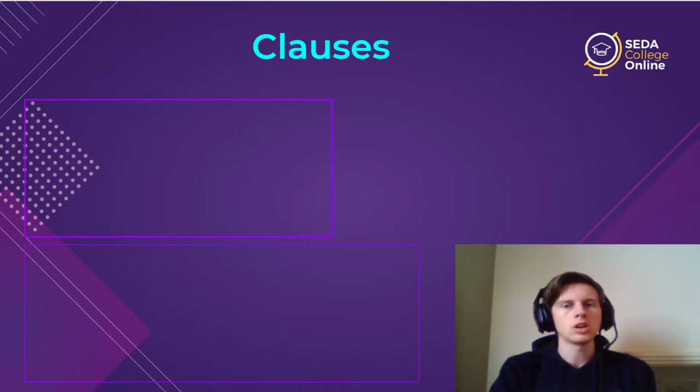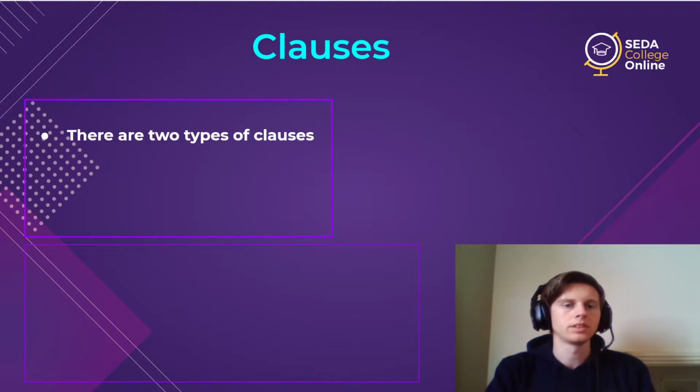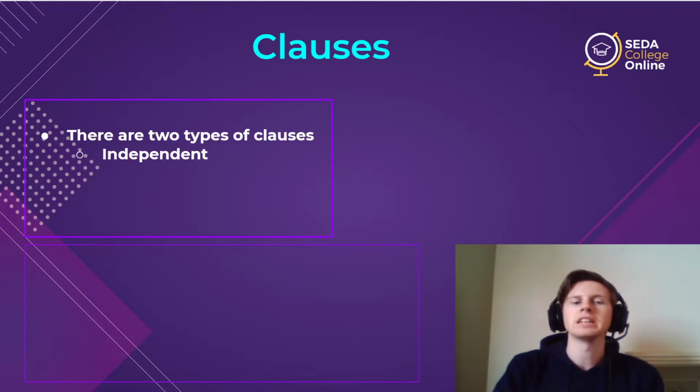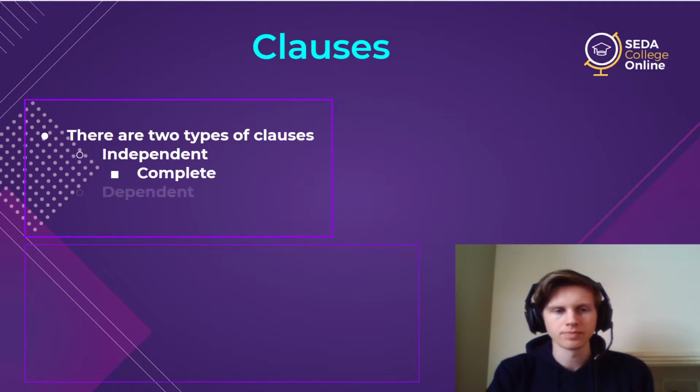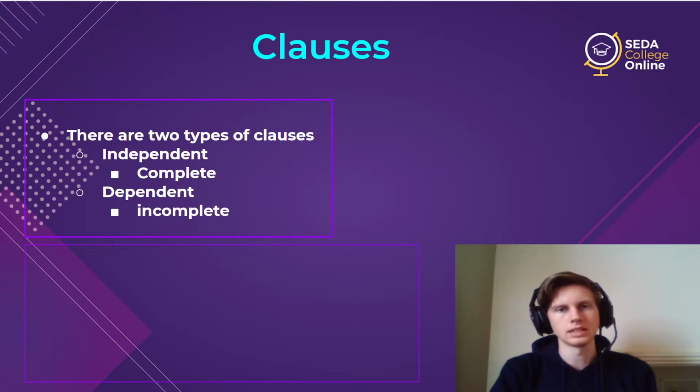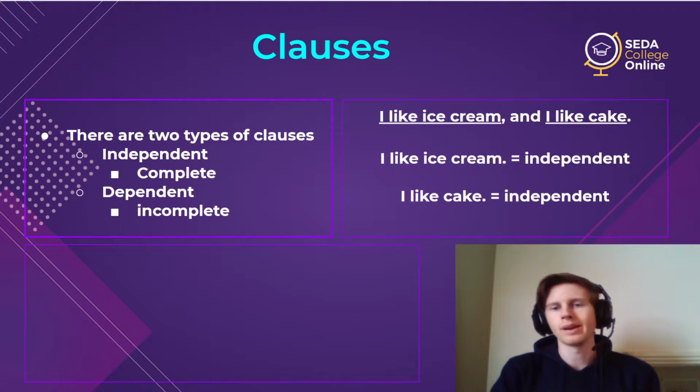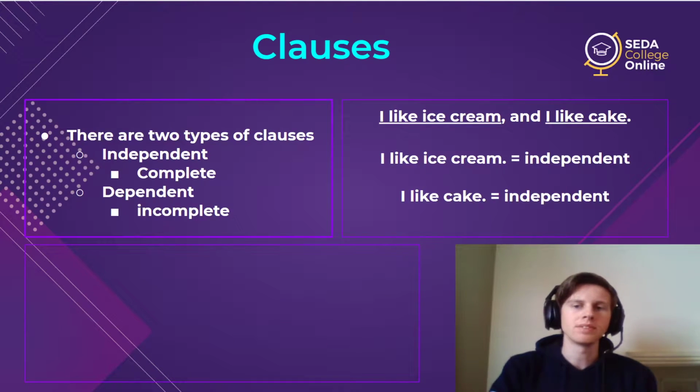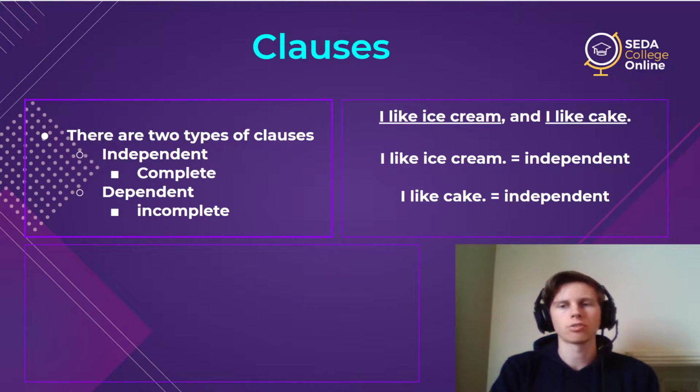Additionally, these clauses have types. So there are two types. There are independent, meaning they are totally complete, and there are dependent, meaning they are incomplete. So what do I mean by that? Well, let's look at my previous example. I like ice cream and I like cake. If I look at the clauses, they are totally complete.